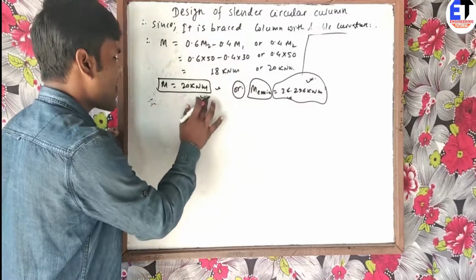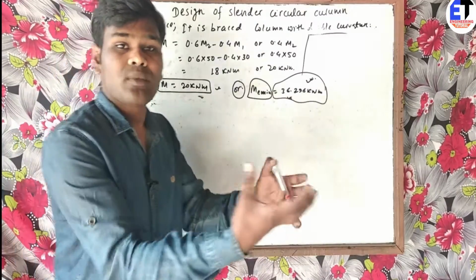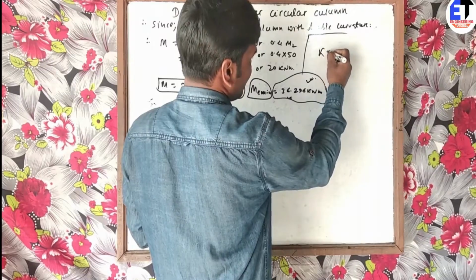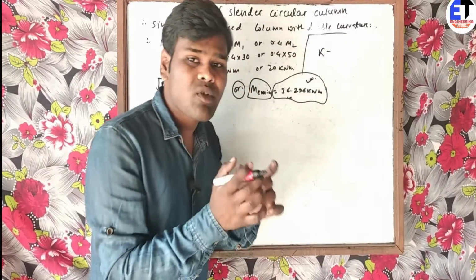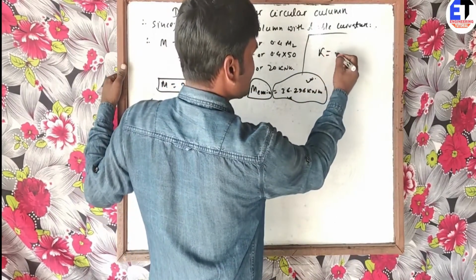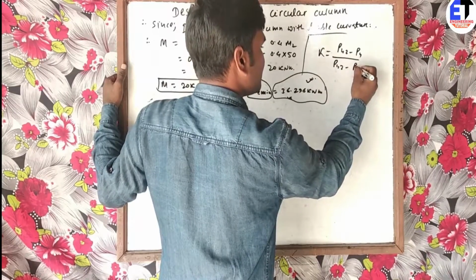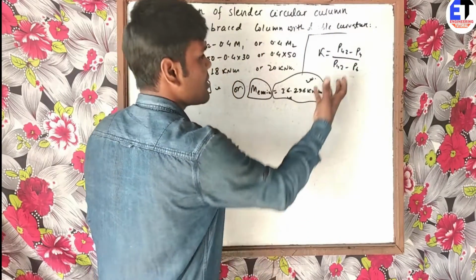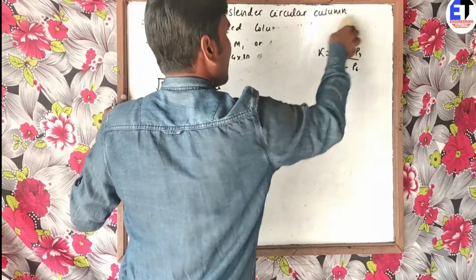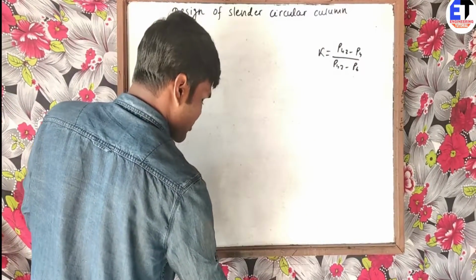Now I have told in the previous video that the additional moment is going to be reduced by a factor k. The IS code has told us this additional moment is reduced by the factor k, and the expression for k is Puz minus Pu divided by Puz minus Pb. So let's calculate this value. There are two types of moment that we have to calculate, which are the combined moment or design moment.